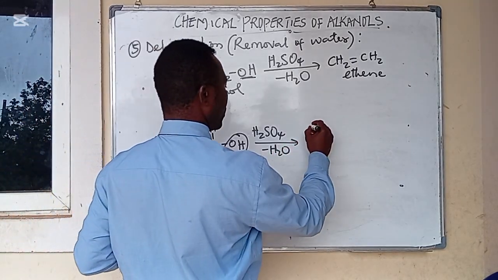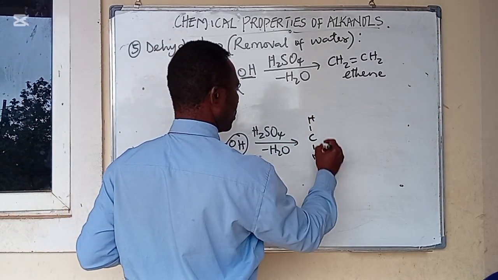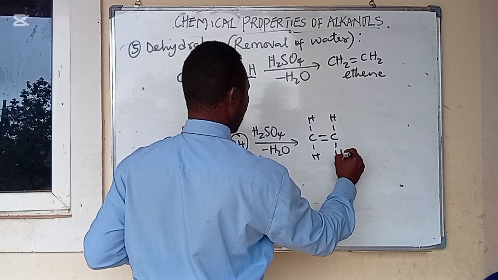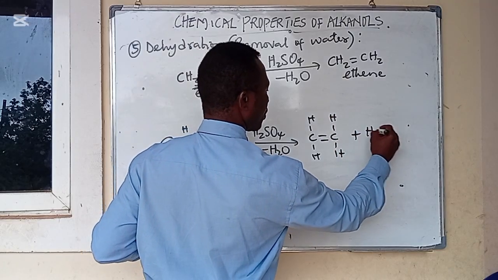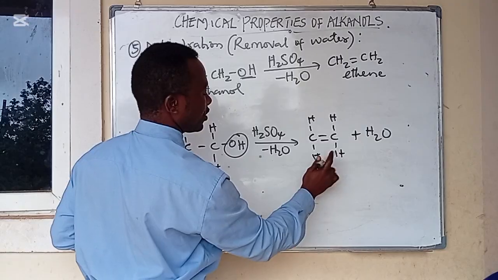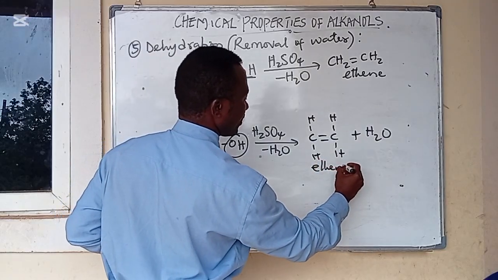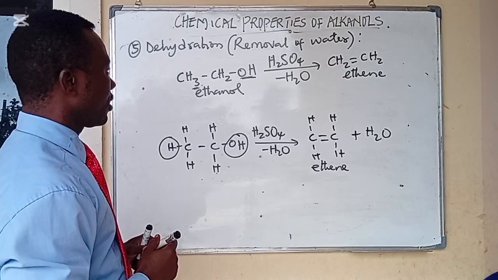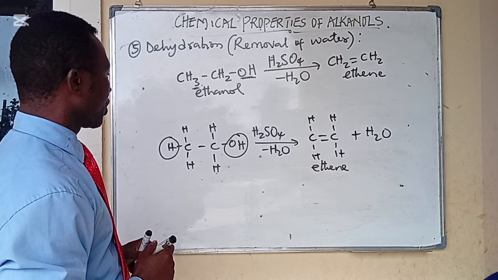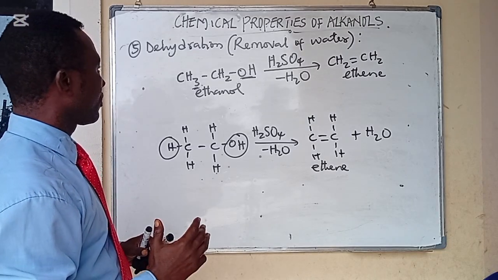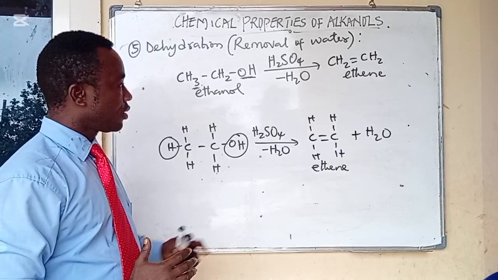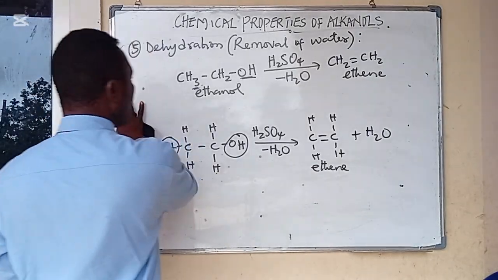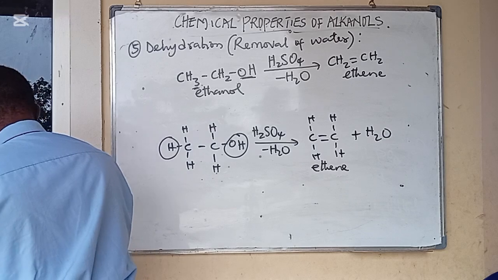So what you now have is CH2=CH2 plus H2O. This is the ethene that is obtained. So dehydration of alkanols will give us alkenes.